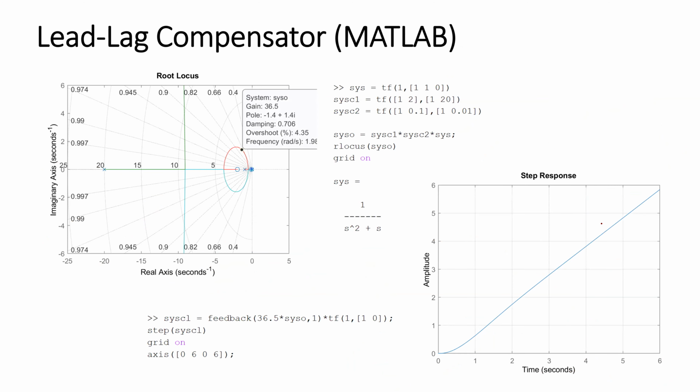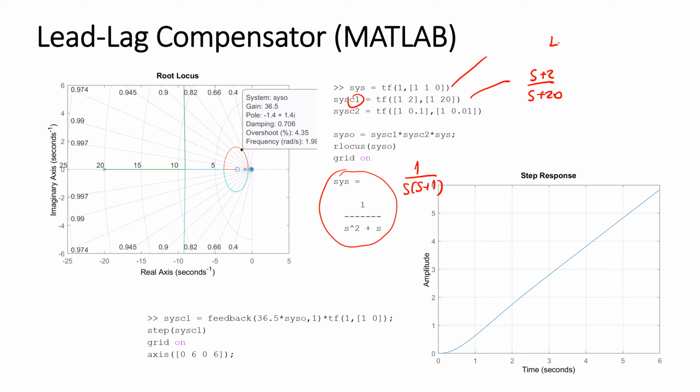For the root locus, the transfer function of the original system is this one, 1 per S plus 1. The controller 1 is S plus 2 divided by S plus 20.